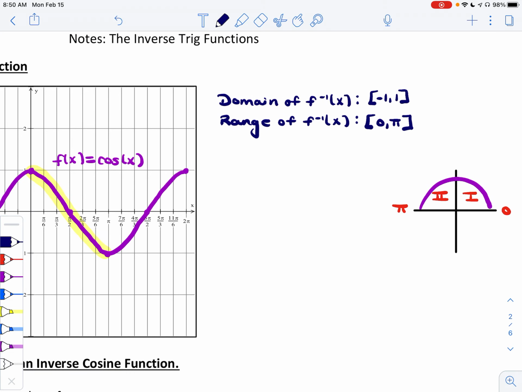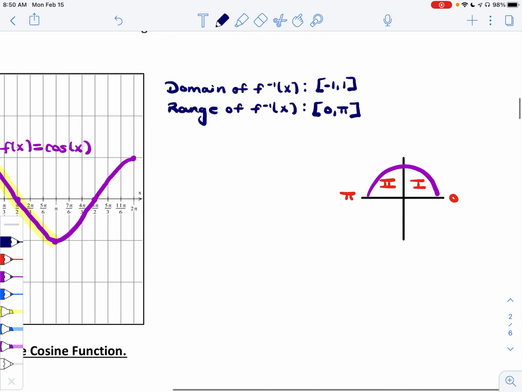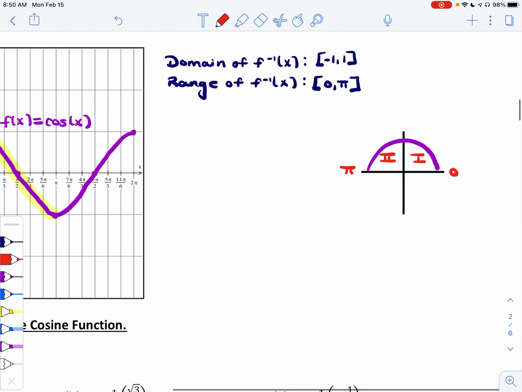So basically, if we think about what this inverse cosine means, our cosine function, you put in an angle and you get out an x value on your unit circle. So the inverse cosine is just going to switch the input and the output.